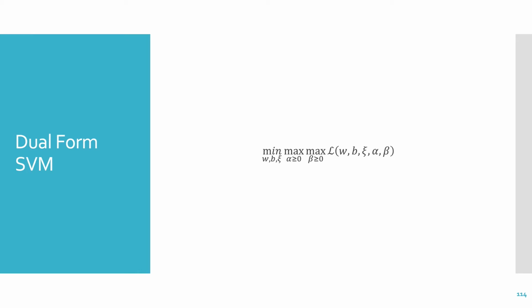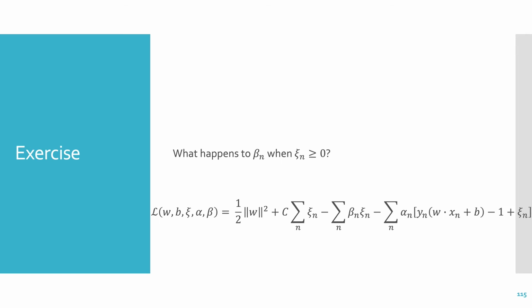If we're able to find a solution that satisfies our constraints, then alpha and beta cannot do anything to hurt the solution. Let's do an exercise to better understand what this means. What happens to beta n when xi n is greater than or equal to 0?